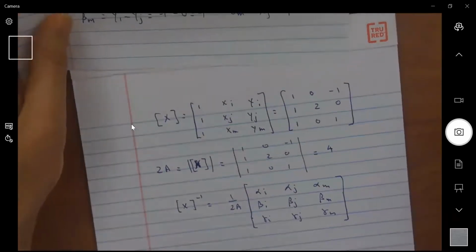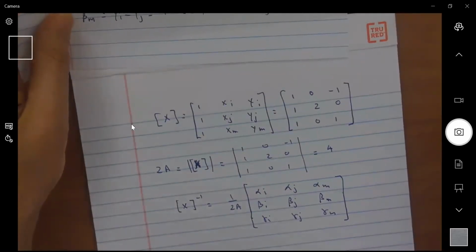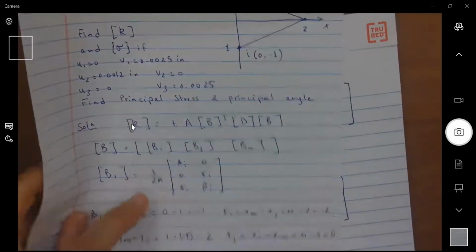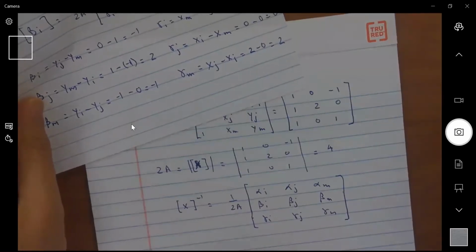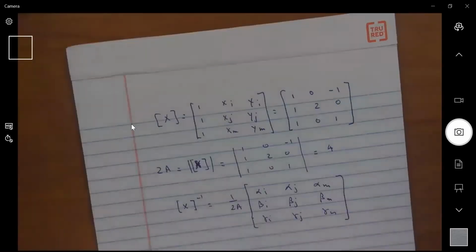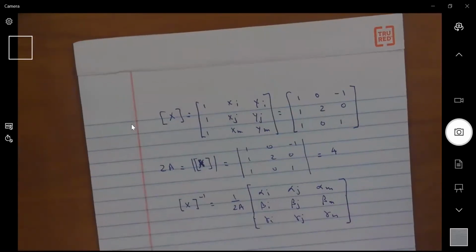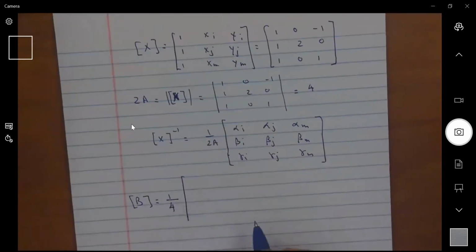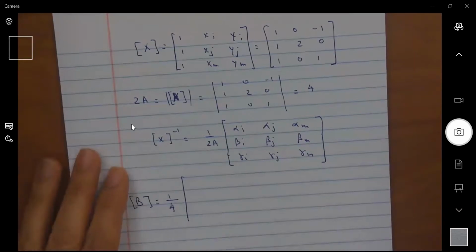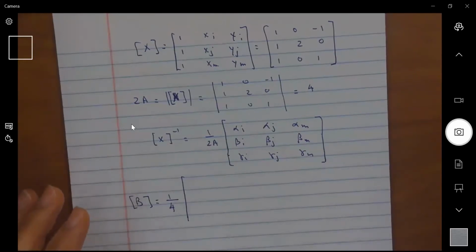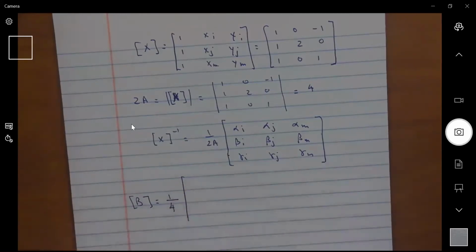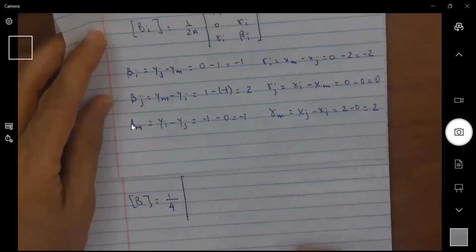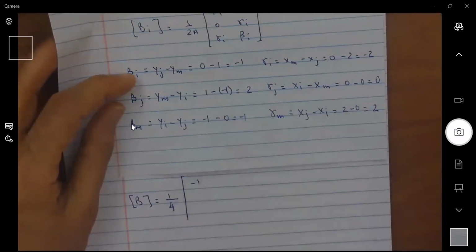So we can come here and say B then is equal to, and first we have 1 over 2A. So I have 1 divided by 2 times 2 is a 4. And then I'm going to have Bi, which is beta I, 0, 0, gamma I. So beta I is a -1.